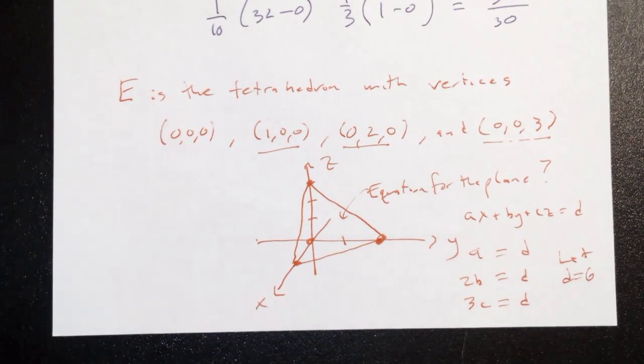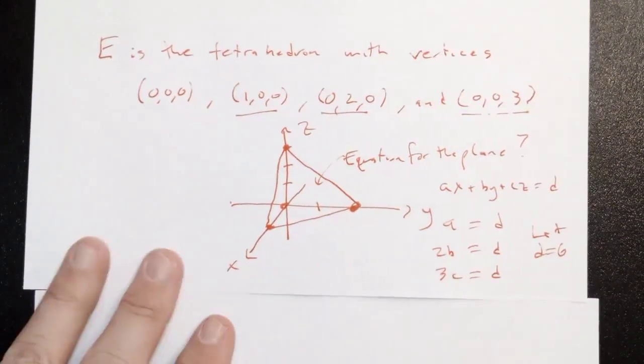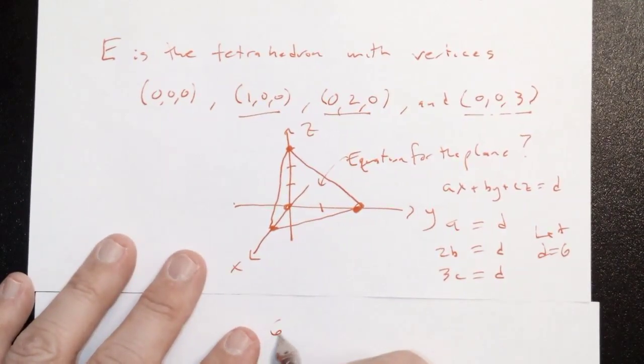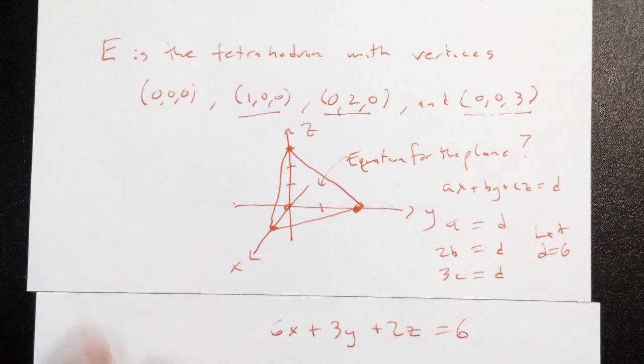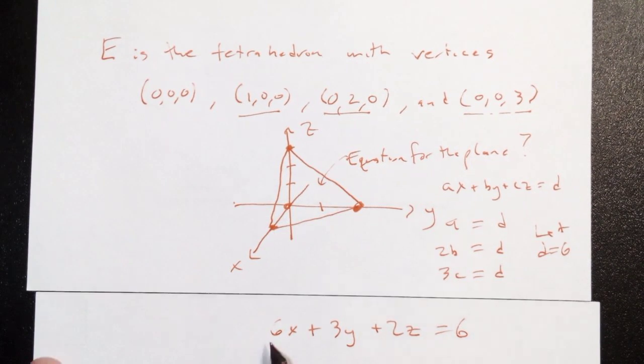And now I have the equation for the plane: 6x plus 3y plus 2z equals 6. Ta-da! I could try and figure out some functional gradient to go here. I know that my change in x is -3, and I know my change in y is -3 over 2.